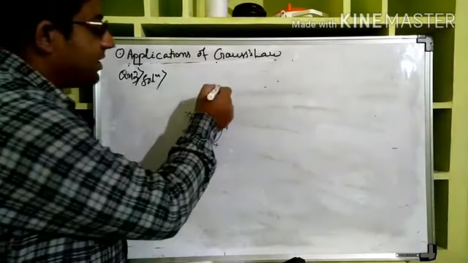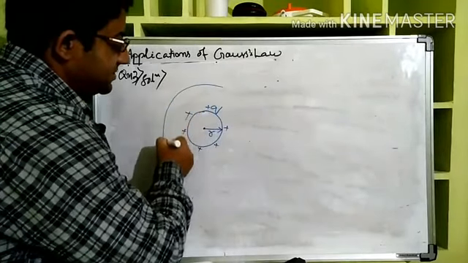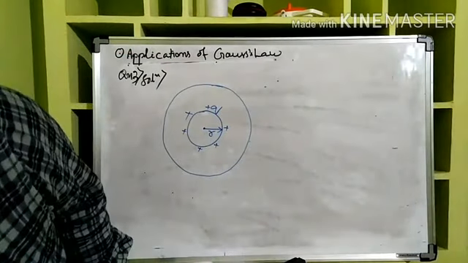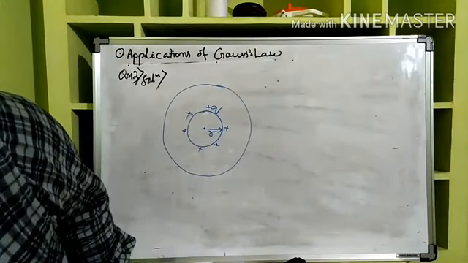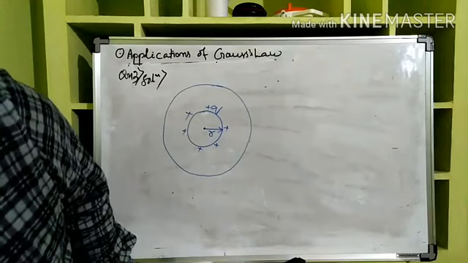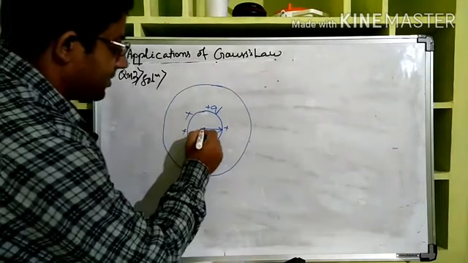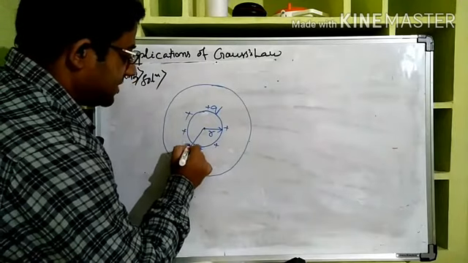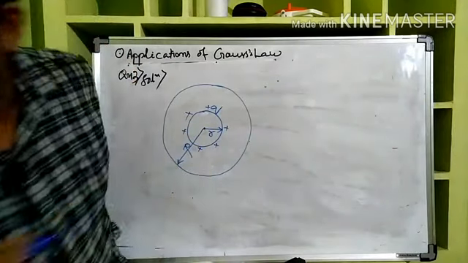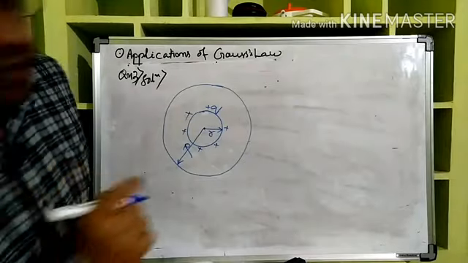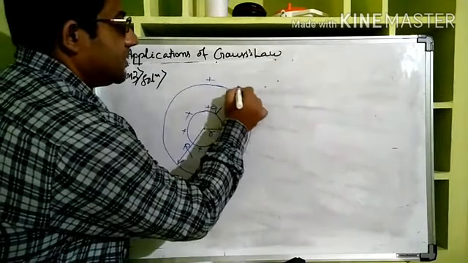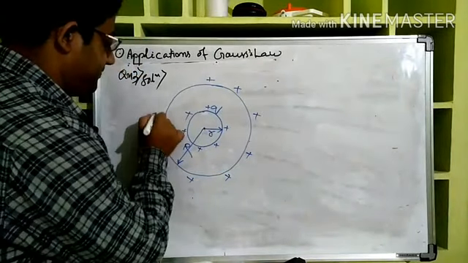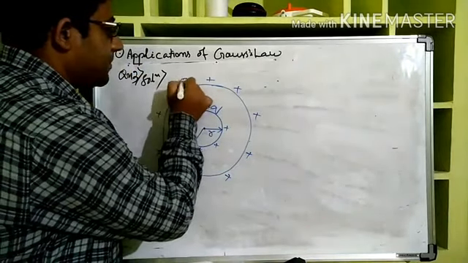surrounded by a large concentric sphere of radius capital R, on which plus capital Q charge is also given.